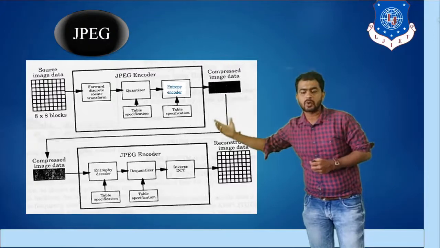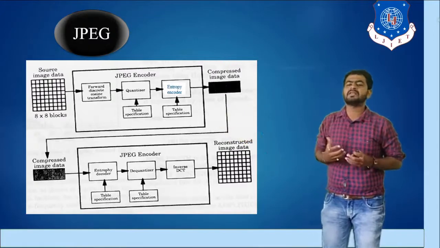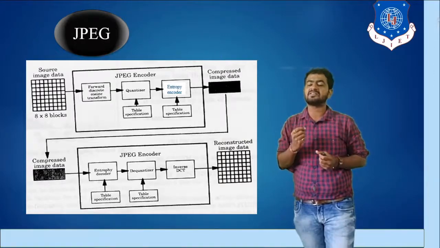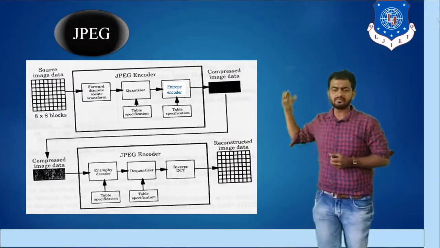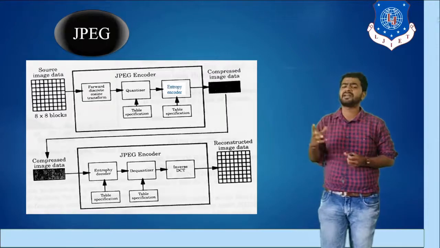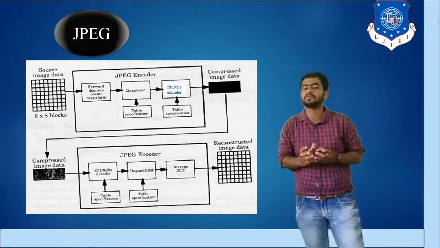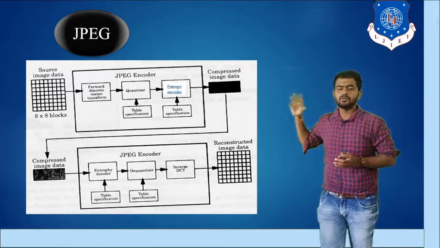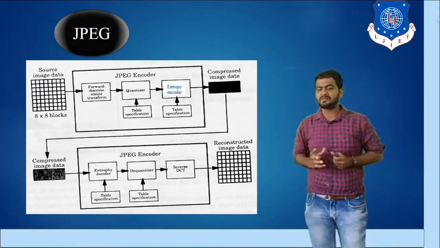After that we use quantization, which identifies the meaningful patches and points, so we get meaningful data. Then the entropy based encoder, which works on the average values of neighborhood pixels, uses a table specification for the entropy based coding.